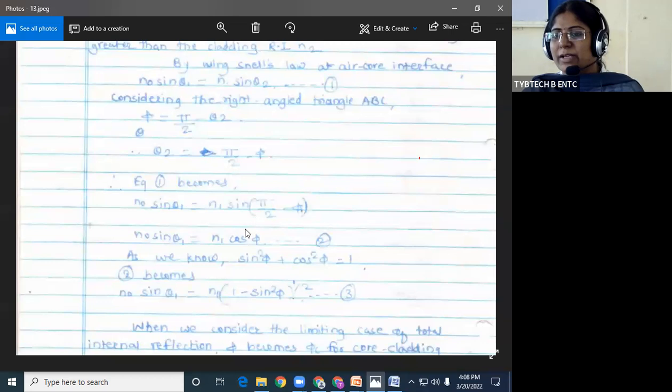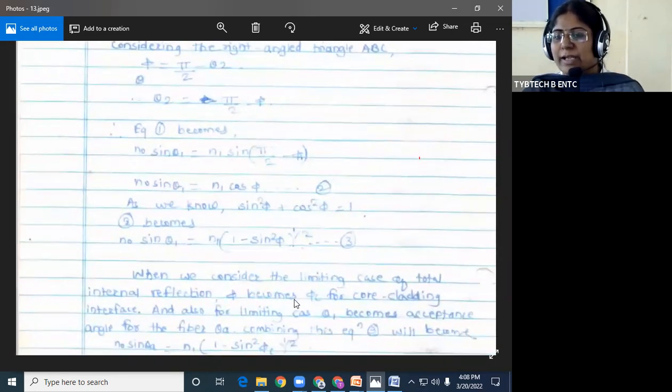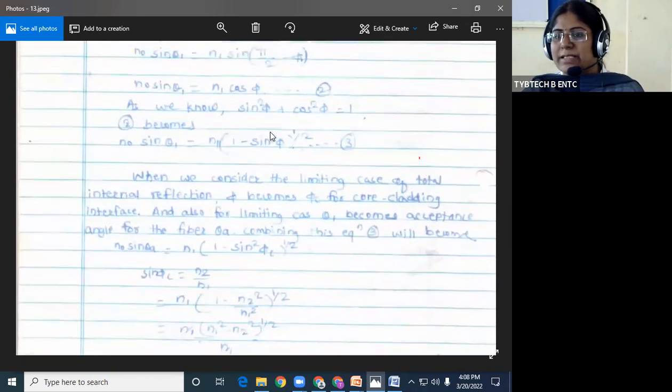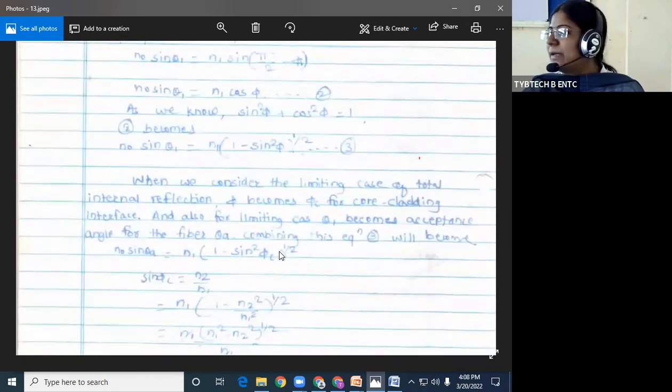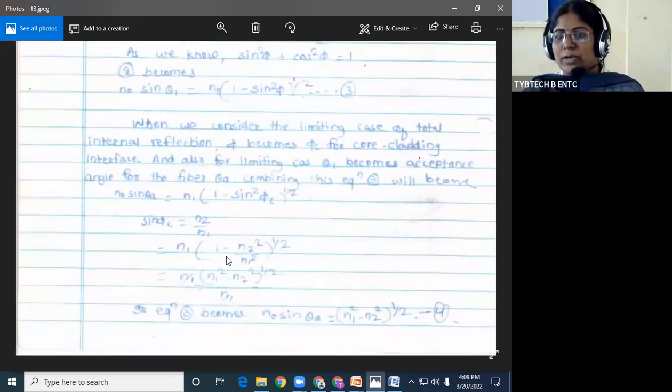So cos phi you can write as 1 minus sin square phi bracket raised to 1/2. So like that we have done the conversion, and afterwards this phi c we have replaced with n2 by n1. So n0 sin theta 1 is equal to this.